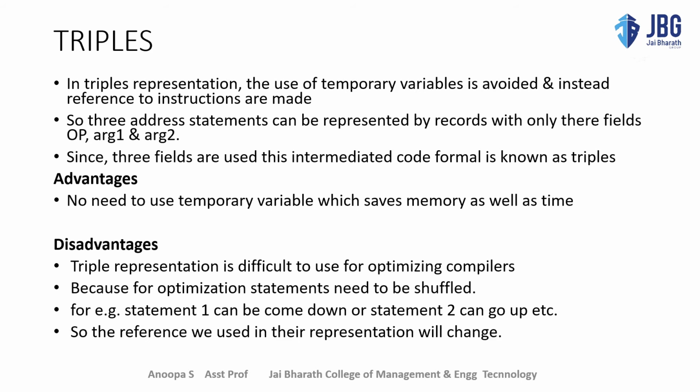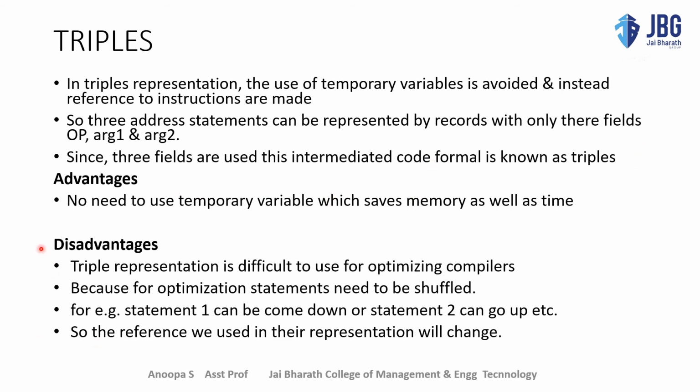That temporary variable t1, t2, etc. are not used. So three address statements can be represented by records with three fields: operator, argument 1 and argument 2. Since there are only three fields, it is known as triples. So the advantage is that we need not use any temporary variable, which can save memory as well as time.